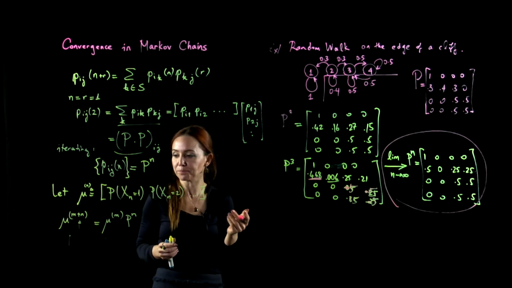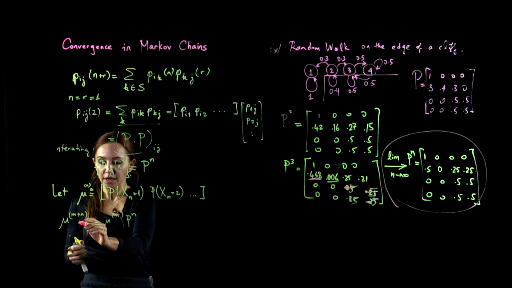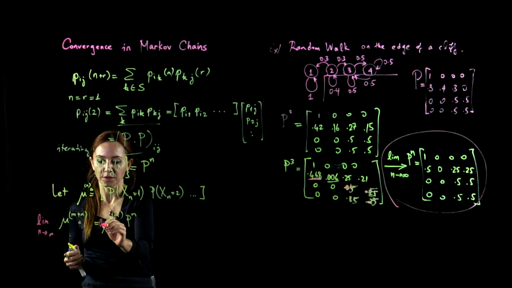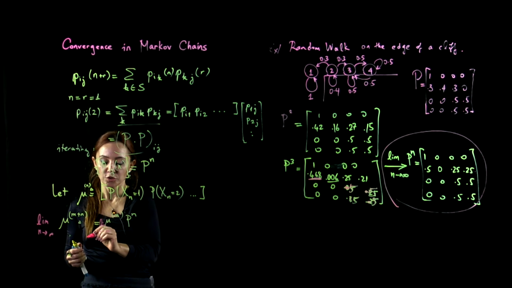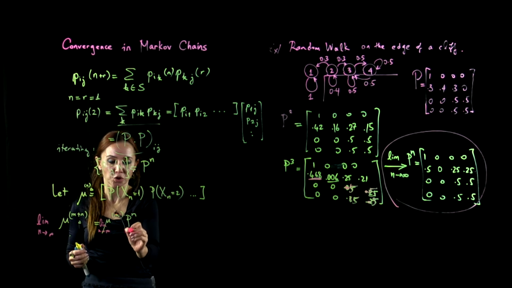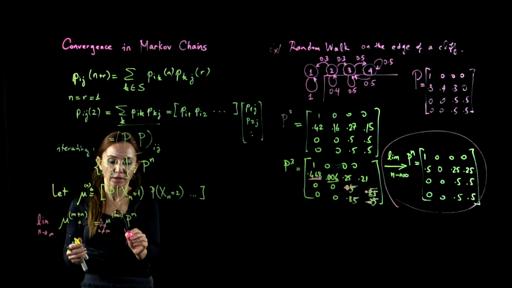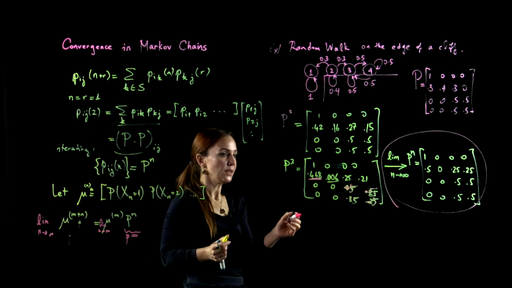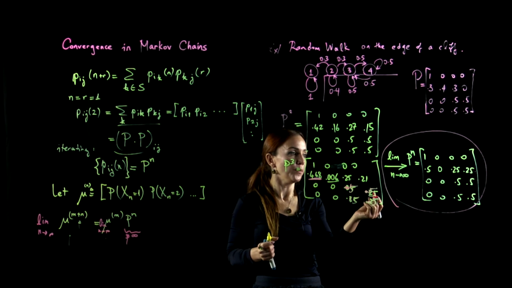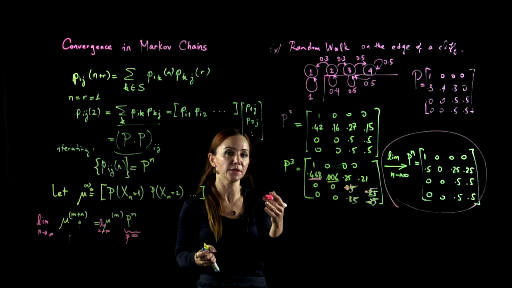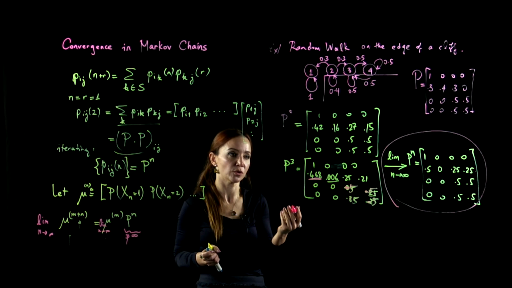What does this mean? We're taking n to infinity on both sides. So this means that the P to the n matrix converged to some P infinity matrix. The implication of this is that the probability vector has converged as well.